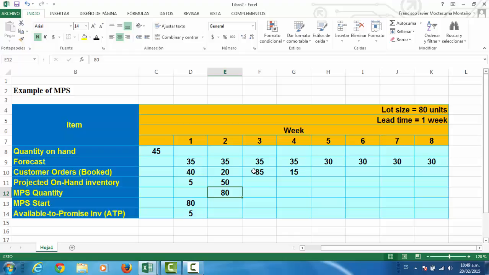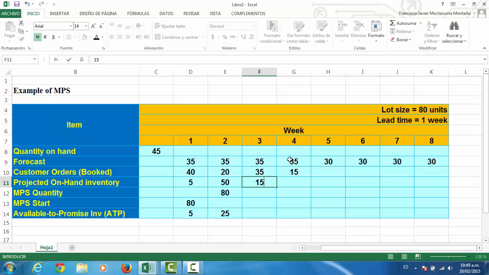So, we will get 25 units. For week number 3, we need to supply 35 units in this case. And we have on inventory 50 units, so we don't need to ask for a lot size. So we supply the 35 units and we get 15 units on inventory.